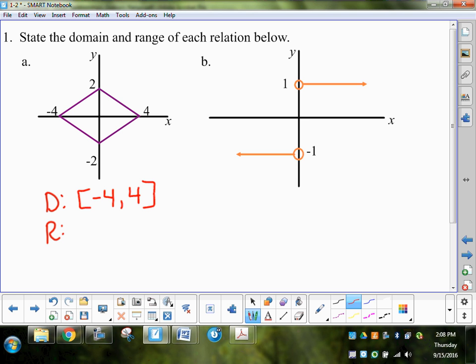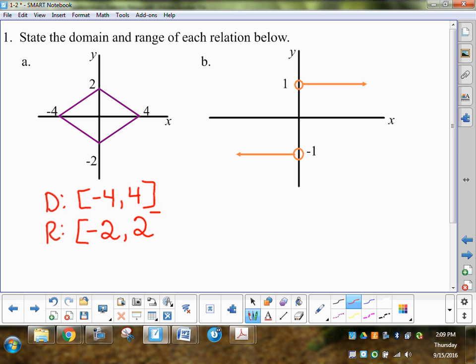Do I do range? Okay. What's the difference between a bracket and regular parentheses? We're actually going to see in the next one, but if the function goes through that value, if you actually encounter that number, then it gets a bracket. If it goes up to but doesn't include it, you put parentheses there.